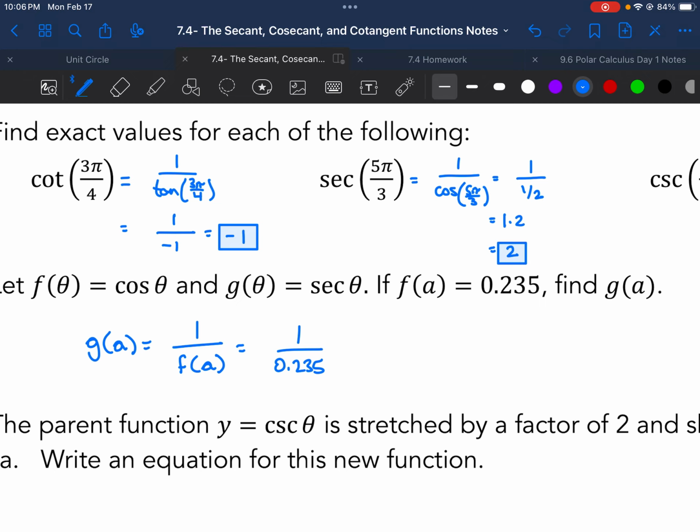Let's go ahead and throw this into a calculator and see what we get real quick. So off screen, I'm putting this into Desmos, 1 over 0.235. And that's 4.255 if you round it to 3 decimals.